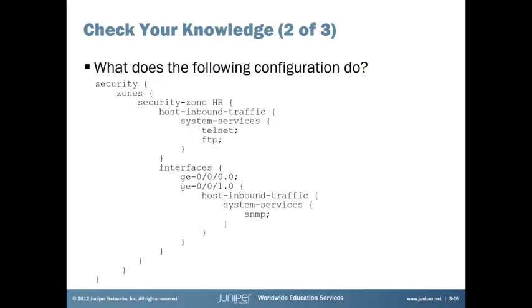This configuration, however, is a little different, because one of the interfaces, which is ge-0/0/1, has a specific configuration on it. The consequence of that is that interface 0/0/0 will inherit the zone level configuration, so telnet and FTP, whereas interface 0/0/1 will be limited to only SNMP.